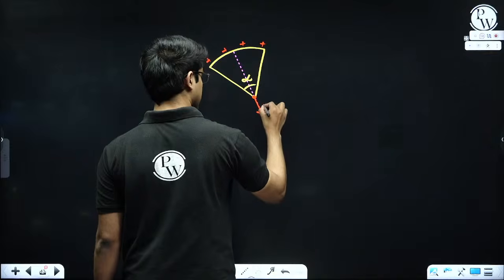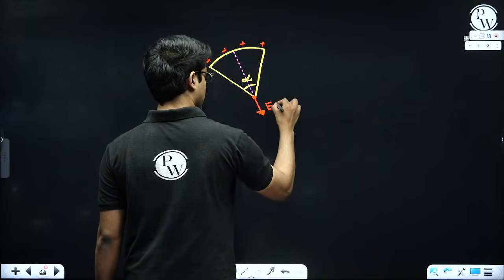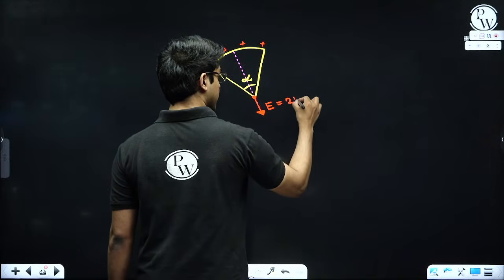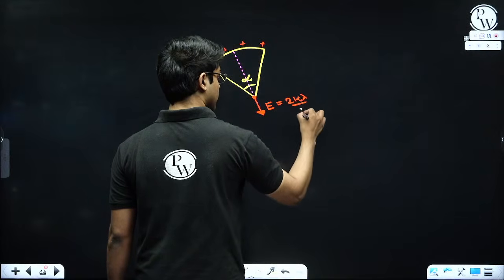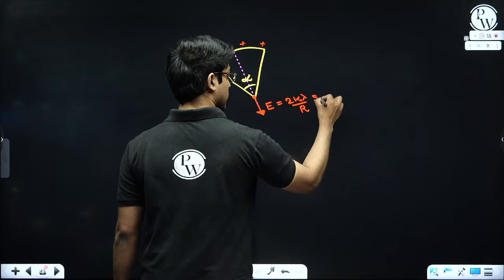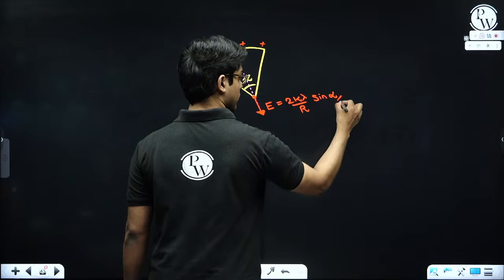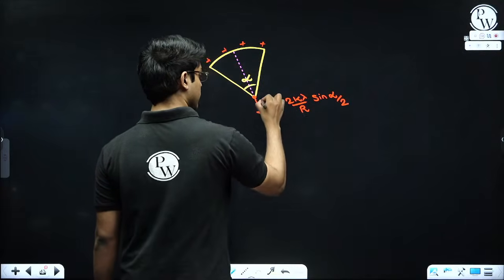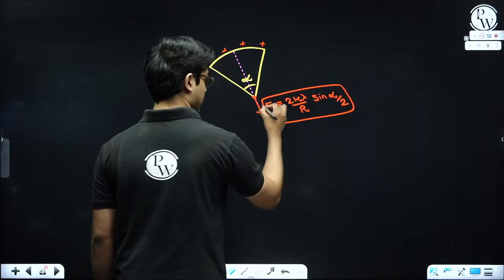That's the first thing. And the magnitude is given by 2k lambda by r sin alpha by 2. Okay, so this magnitude is the second thing.